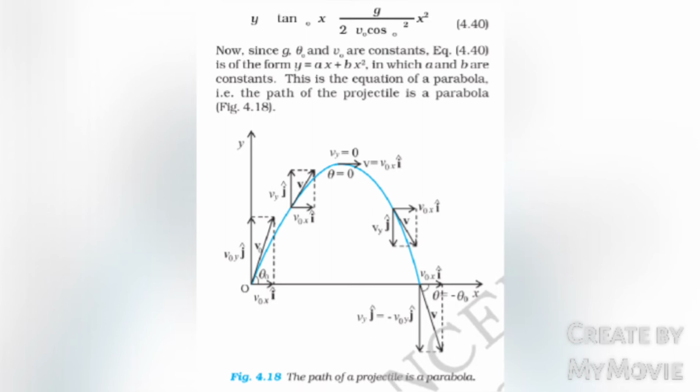Now, since g, theta naught and v0 are constants, equation 4.40 is of the form y equals ax plus bx square, in which a and b are constants. This is the equation of a parabola, that is, the path of the projectile is a parabola. Figure 4.18. The path of a projectile is a parabola.